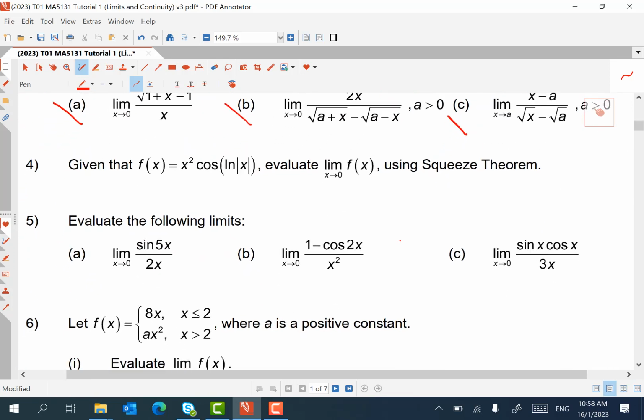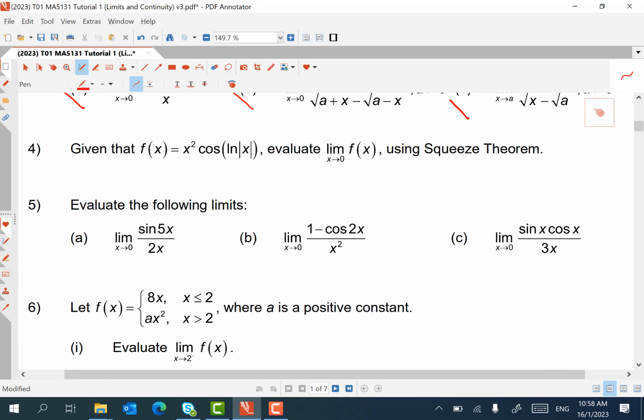Alright, so I think now for numbers 1, 2, and 3, I am sure 504 will be able to manage this now. Okay, for number 4, I'm not thinking that you can't do it. I'm worried that you don't present it the way we need. I want to caution you, if you don't present the way we need, it may get 0, even though you might get an answer. So for question 4, you must first and foremost establish that this is the case.